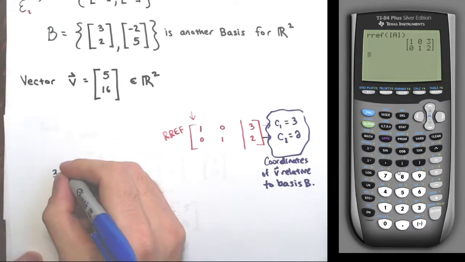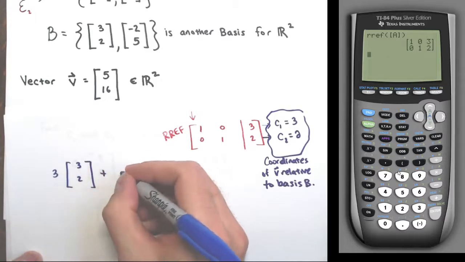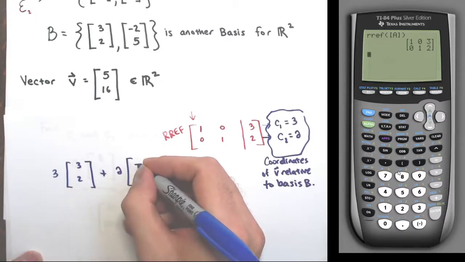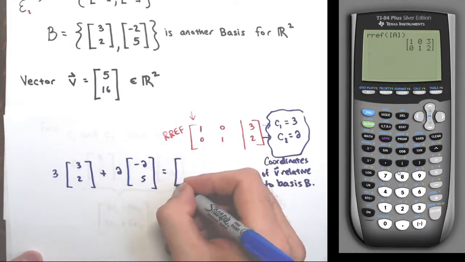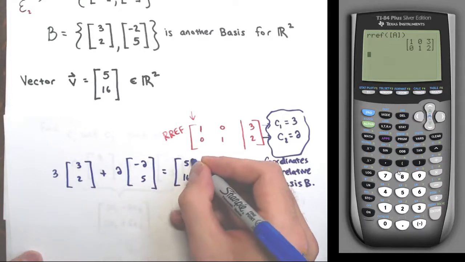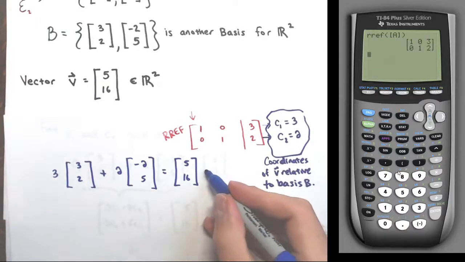Take 3 of that first vector plus 2 of the second vector from the basis. Will that be equal to 5, 16? Well, yeah, 9 plus negative 4 is 5, and then 6 plus 10 is 16. It does work.